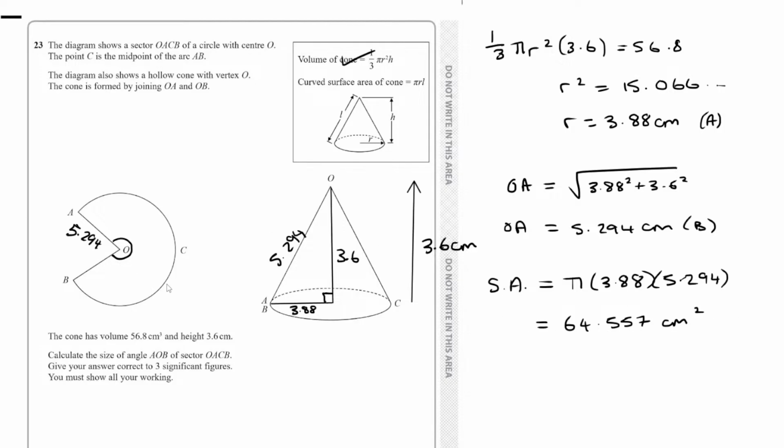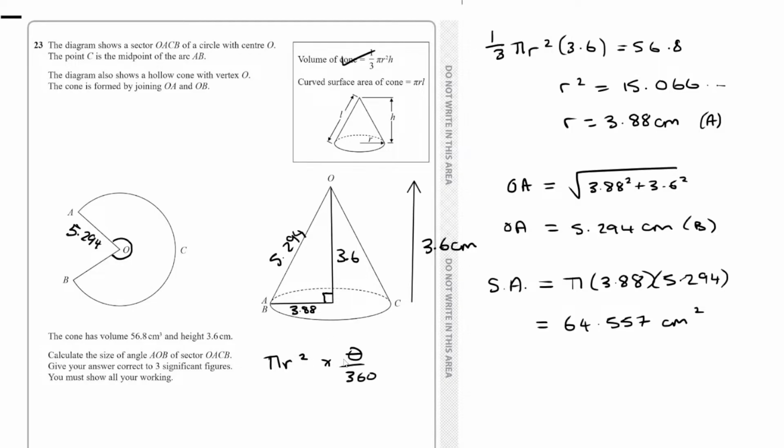We said originally you've got a flat piece of paper that is a sector, and then imagine you glue together these sides. Obviously just imagine there's no overlap. You've got a cone, so the curved surface area of the cone must be the area of the sector. That's how the two of them link. So if I come back here, area of a sector is pi r squared times the angle over 360.